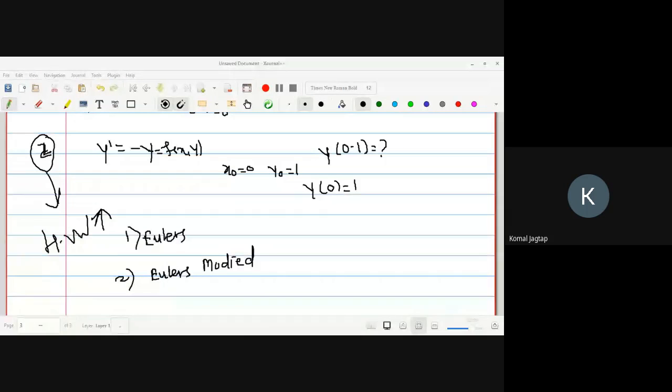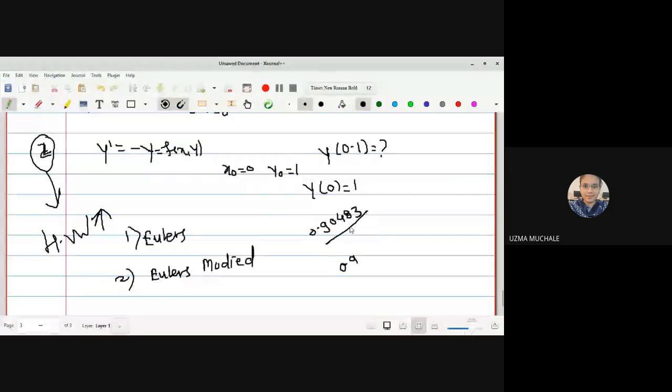What is the answer? 0.90483. Correct up to 4 decimal places means you can answer this as 0.9048. Yes, anyone get the same answer?